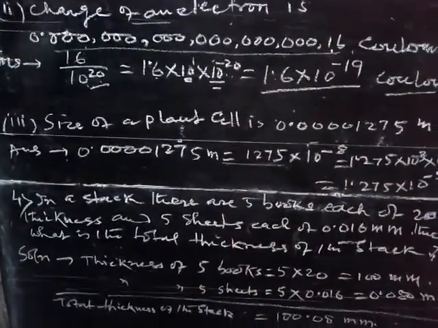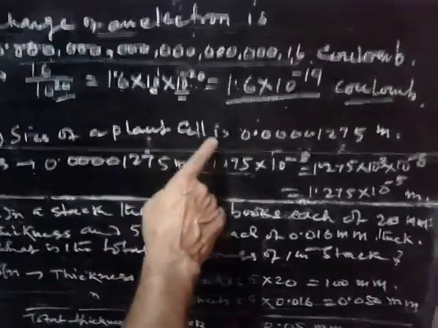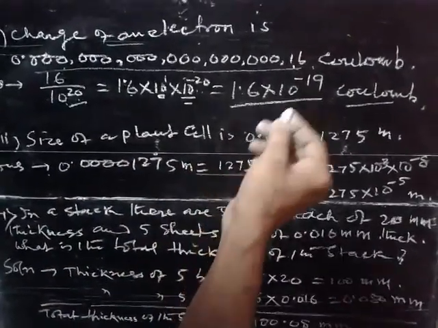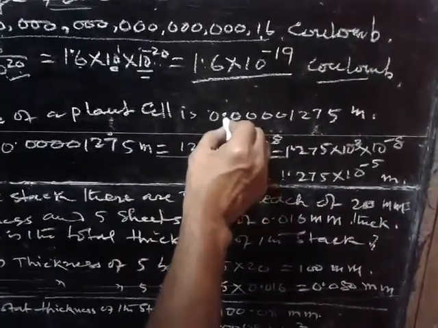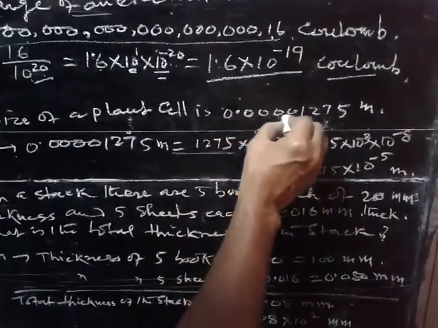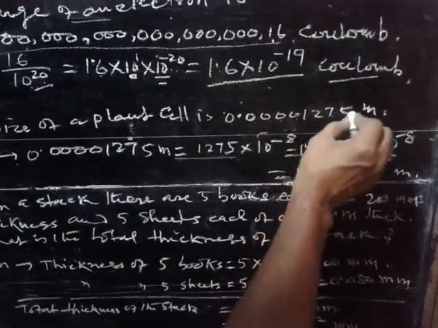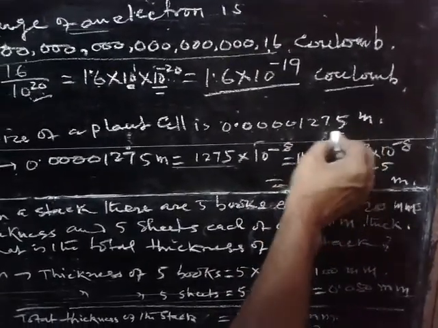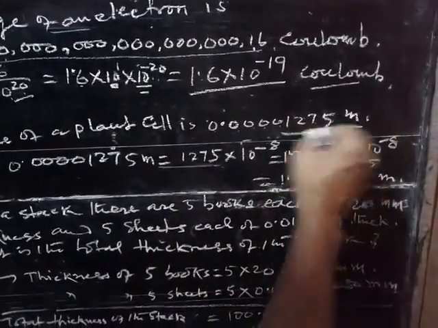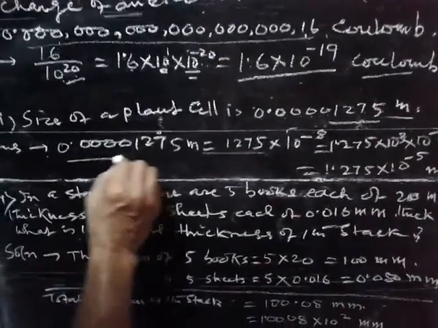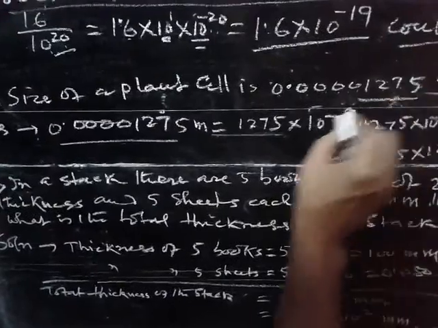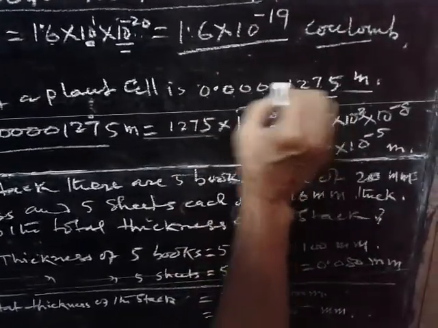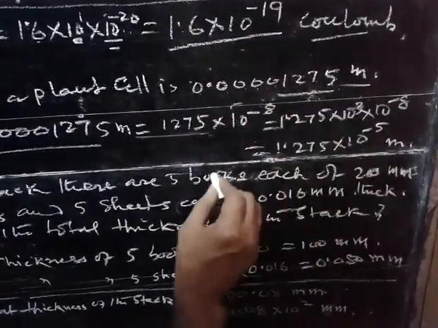Now the size of a plant cell, you can understand that a plant cell is very small, so we are using this standard form, that is 0.00001275, in meters, is given. So this number can be expressed in the form of 1275 into 10 to the power minus 8, as after the decimal 8 digits are there.